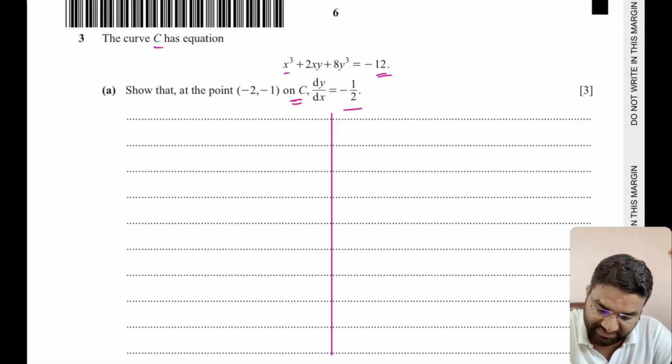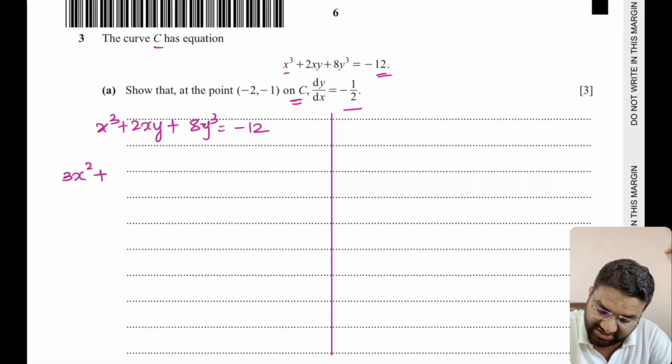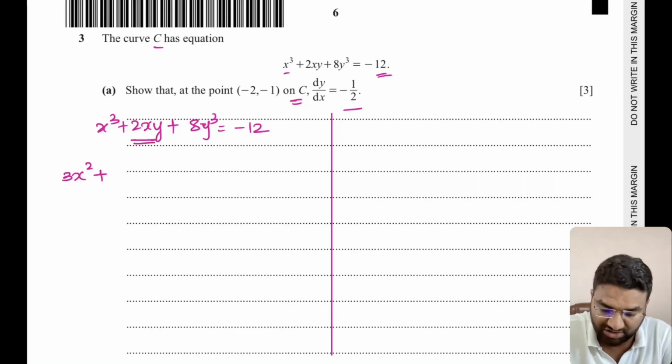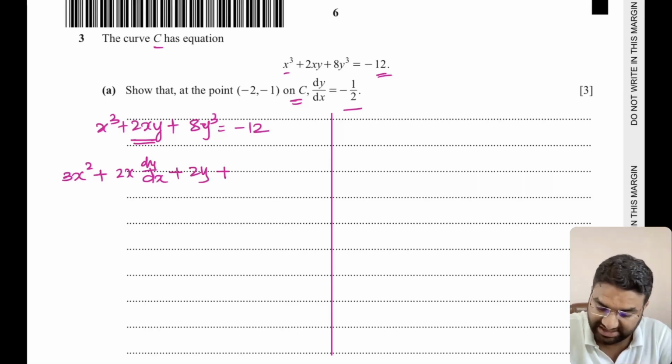If you take dy by dx of x cubed plus 2xy plus 8y cubed equals minus 12, then 3x squared plus, now here you have to apply the product rule, 2x times dy by dx plus 2y, plus 8 times 3 is 24y squared dy by dx, and the derivative of the constant is 0.